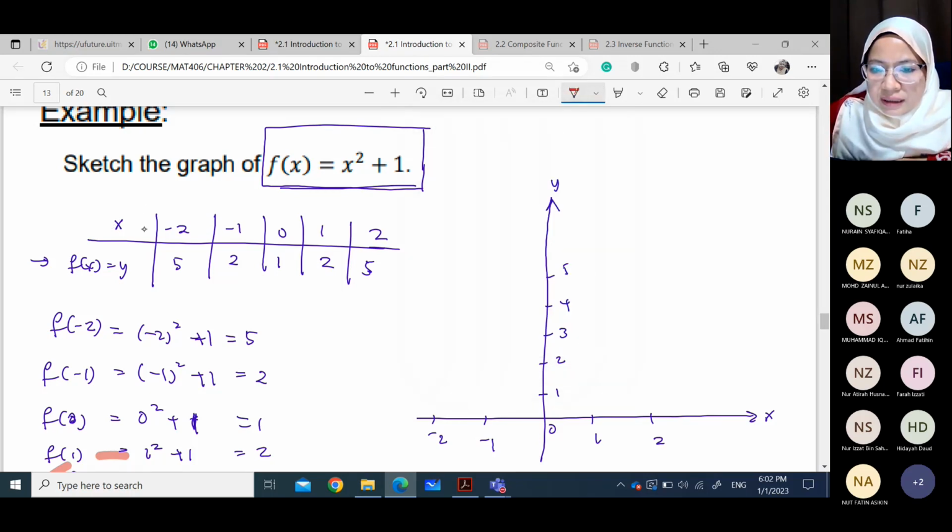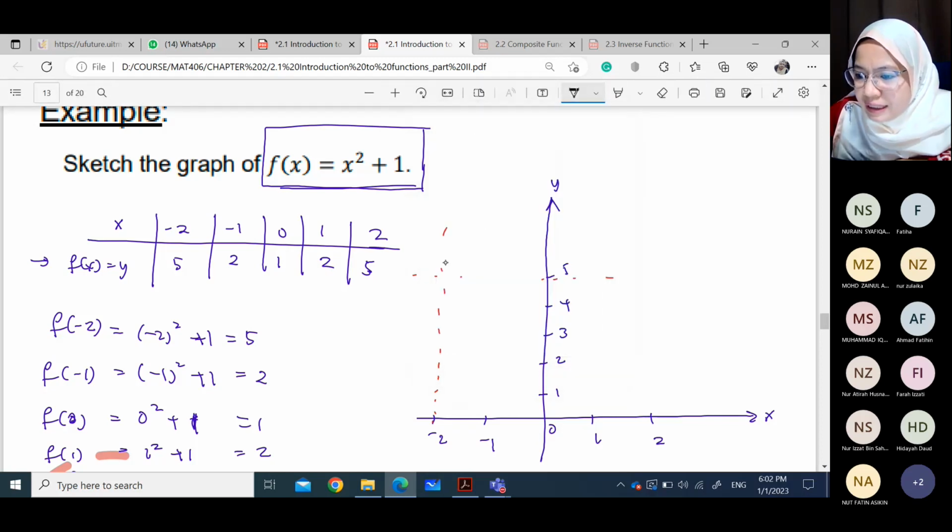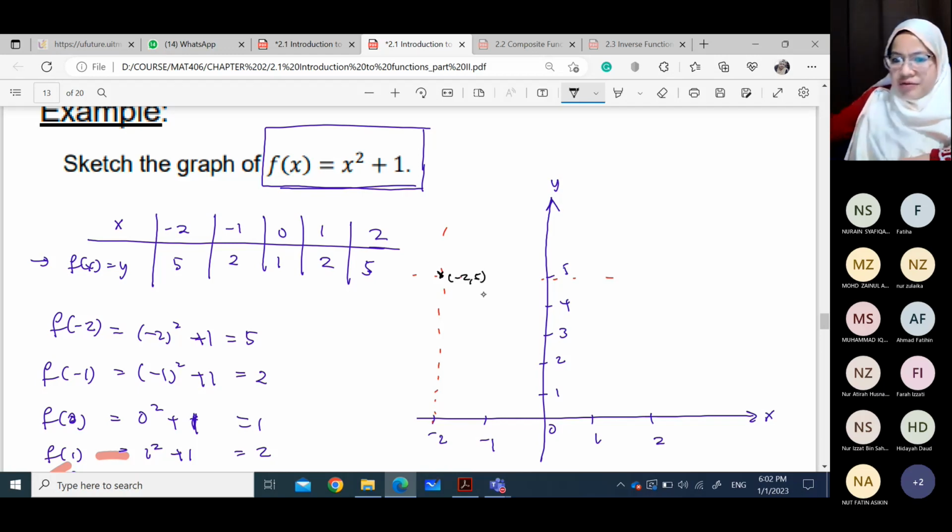Okay, so now we plot graph. We start at x equals to negative 2. So, ambil pembaris. Buat satu garisan lurus, titik-titik macam ni. Okay, so when x equals to negative 2, y is 5. So kat sini point dia yang bersilang tu. So for this point, it is negative 2, 5.